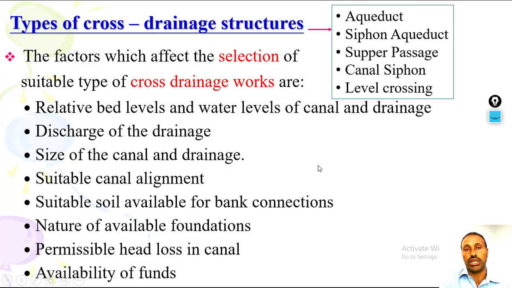You may have different canal alignments. So to select these cross drainage types, you have to see the suitable canal alignment and suitable soil available for bank connections, and also nature of available foundations and permissible head loss in the canal, and sometimes availability of funds. So if you have funds, you may select depending upon relative bed level and water level of canal and drainage.